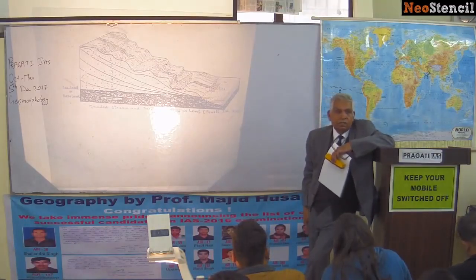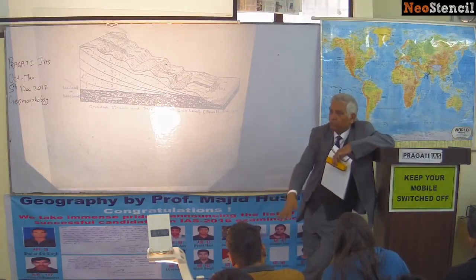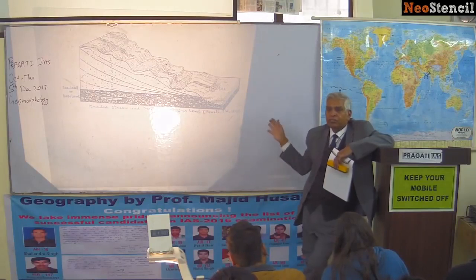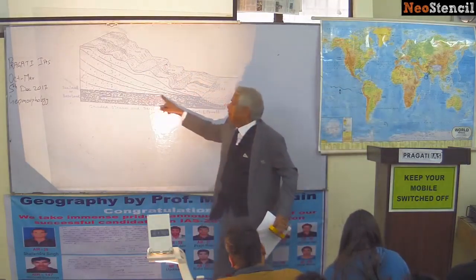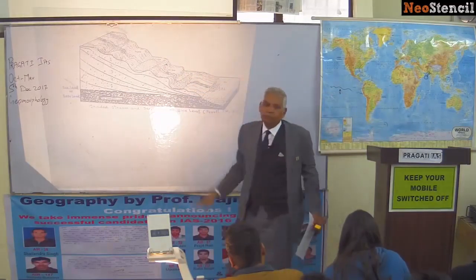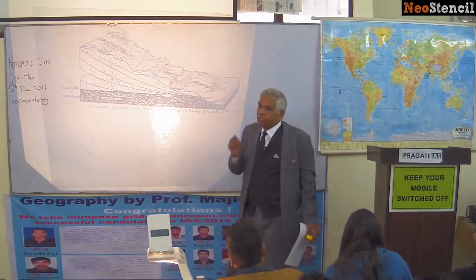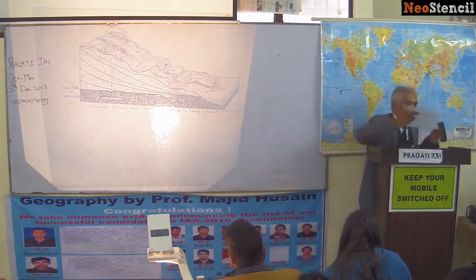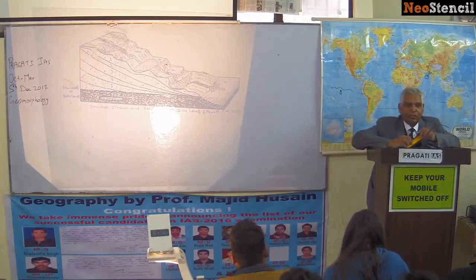A river from an elevated area does downward cutting, removes the material, carries the material to the ocean or sea or some bay, and over the period of time it is finally reduced to the sea level. This is known as the base level of Powell, or the graded stream, or the peneplain of William Morris Davis. After writing this much, do the evaluation of this model. What are the plus points and the minus points?